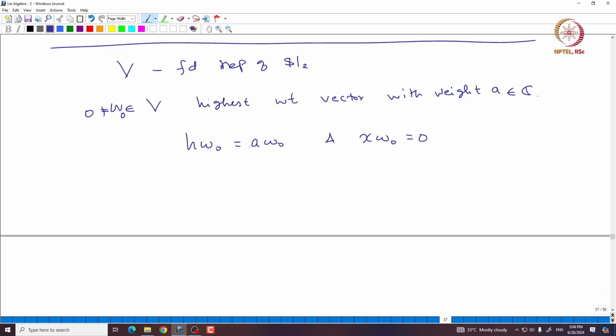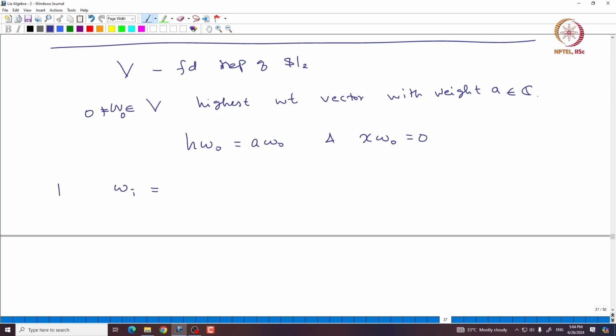Now, let us see what one can do using w_0. We can apply Y on w_0 and consider various powers of Y applied on w_0 and see what one can get from that. Let us take this decorated vector, call it w_i. The scalars are adjusted so that the formulas work very well.